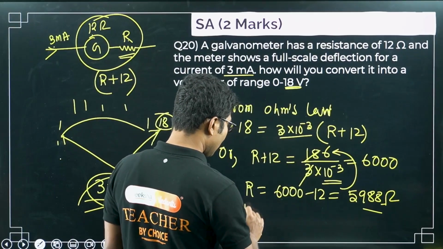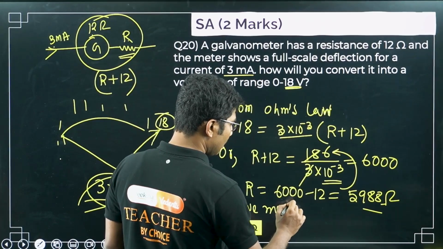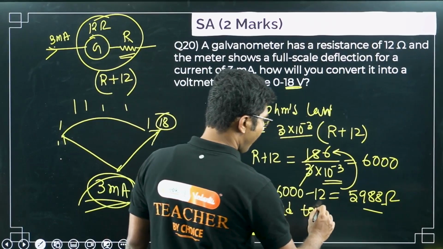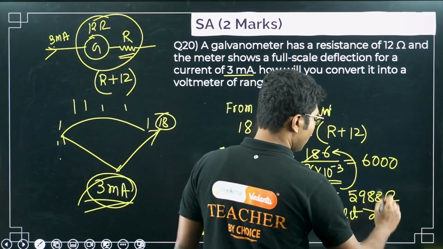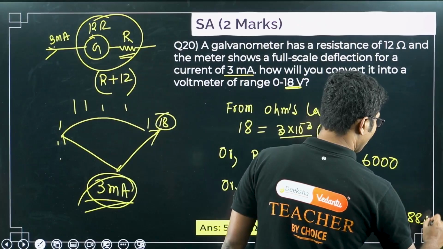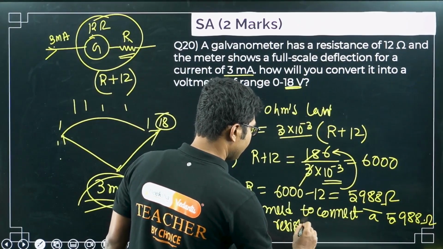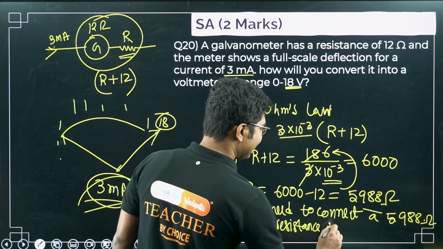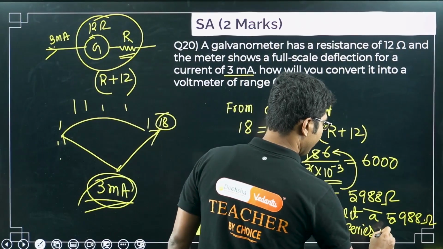We need to connect a 5988 ohm resistance in series with the galvanometer.